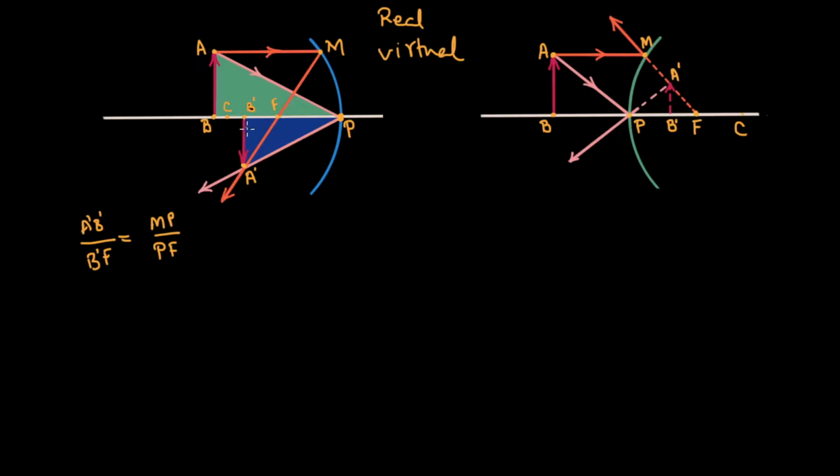Both of these are right angled triangles. And because the incident ray makes the same angle with the normal as the reflected ray, this angle is equal. So these two triangles are also similar, and we can write AB over BP equals A prime B prime over B prime P.